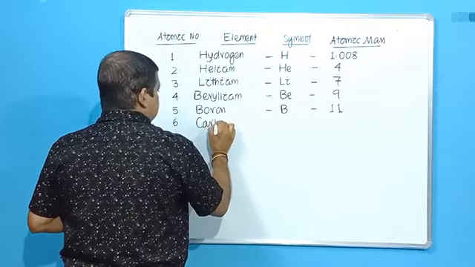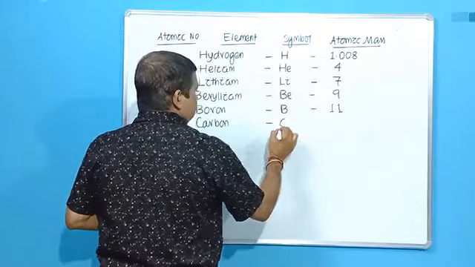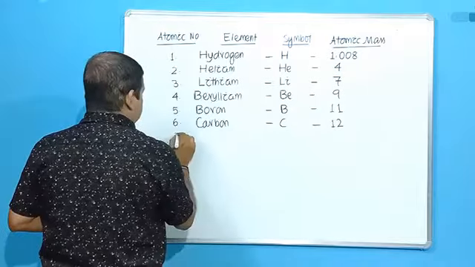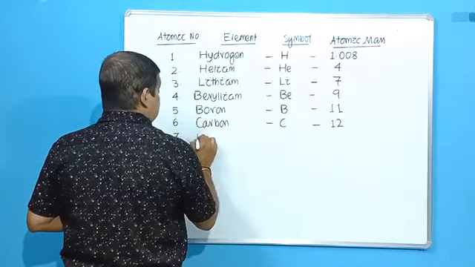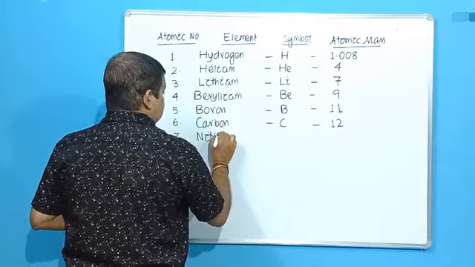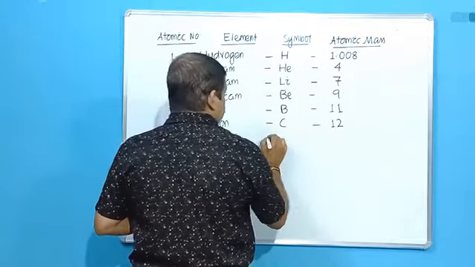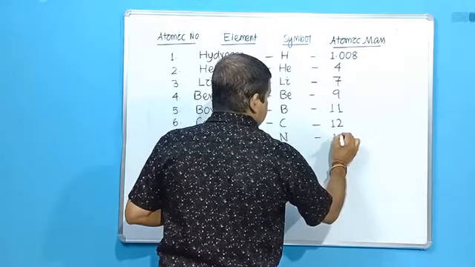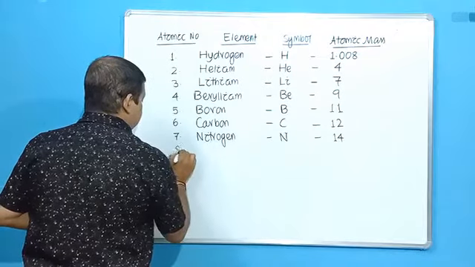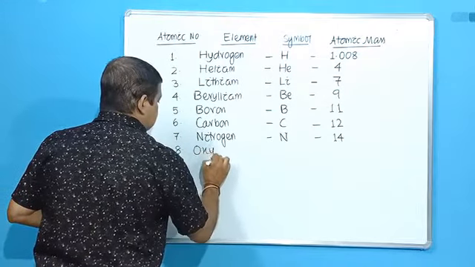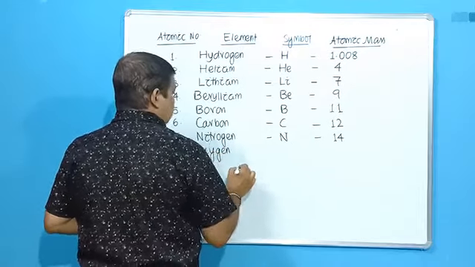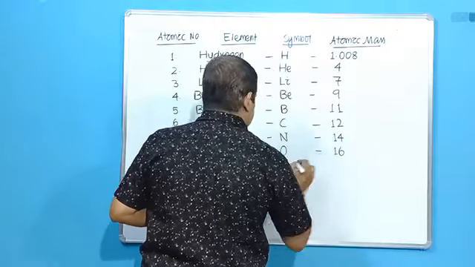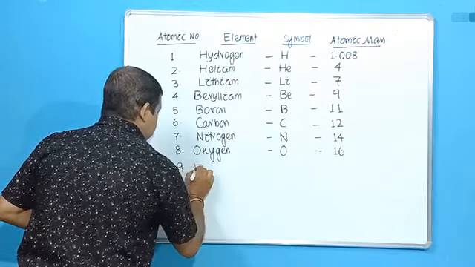Then carbon, symbol C, atomic mass is 12. Then nitrogen, symbol is N, mass is 14. 8 is oxygen. O, mass is 16. 9 is fluorine.